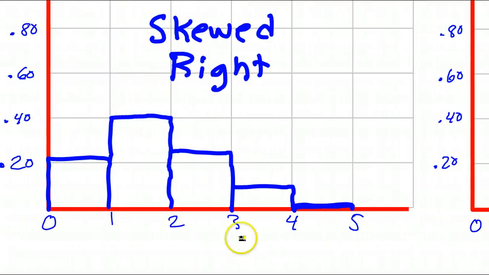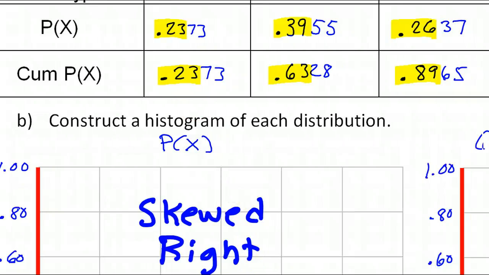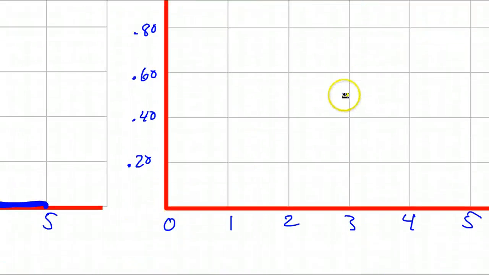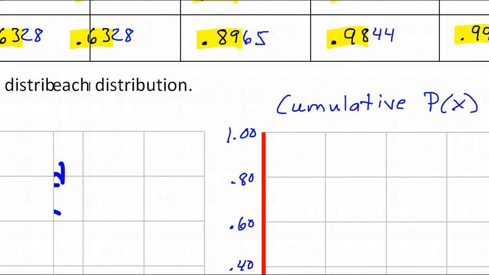Okay, now let's do our cumulative histogram. Alright, starts off at 0.23. Okay, this is going to be a little bit above, like this. Okay, and then the next one, that was 0.